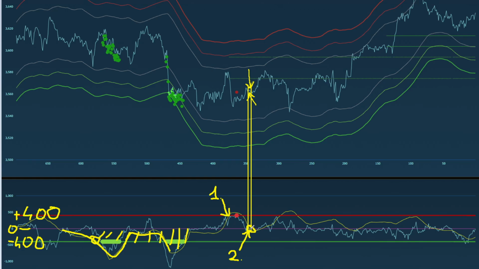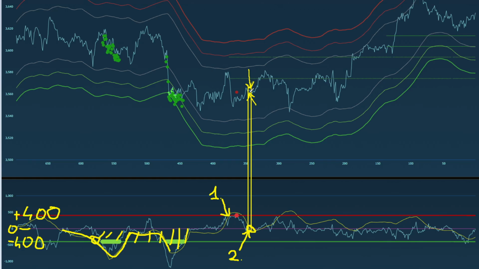Or if you are really aggressive, you can just initiate your long position. But what I would suggest and what I'm doing is I usually open a first position, which is very small, the initial one, like one lot or something like that, depending how big of a position you're trading. And then I'll do the usual stuff.